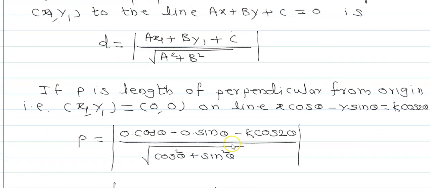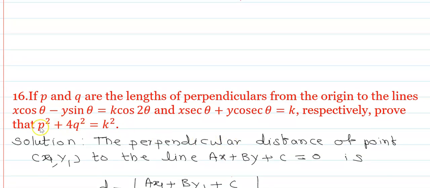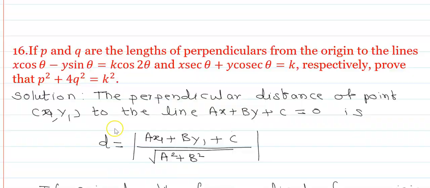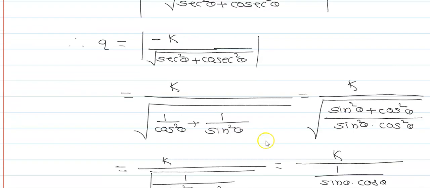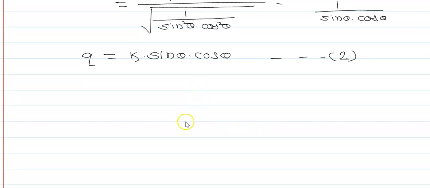But what we want to prove? We want to prove that p square plus 4q square is equal to k square. Therefore this is the first and this is the second.